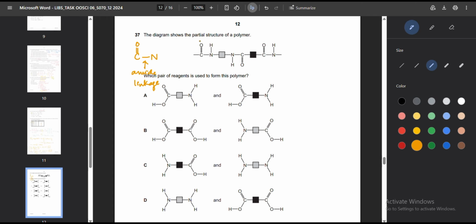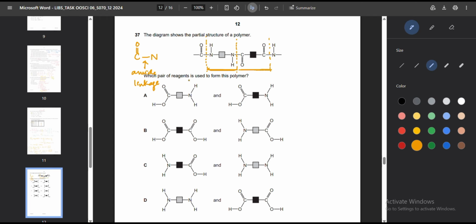Okay, so this is one molecule. See, this is one amide linkage, this is another amide linkage, and this is another amide linkage. So that means this is one unit, this is one unit, and this is the other unit.